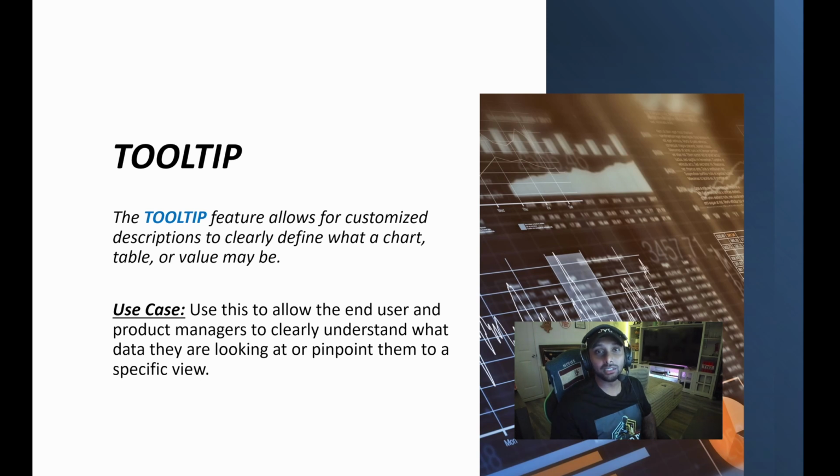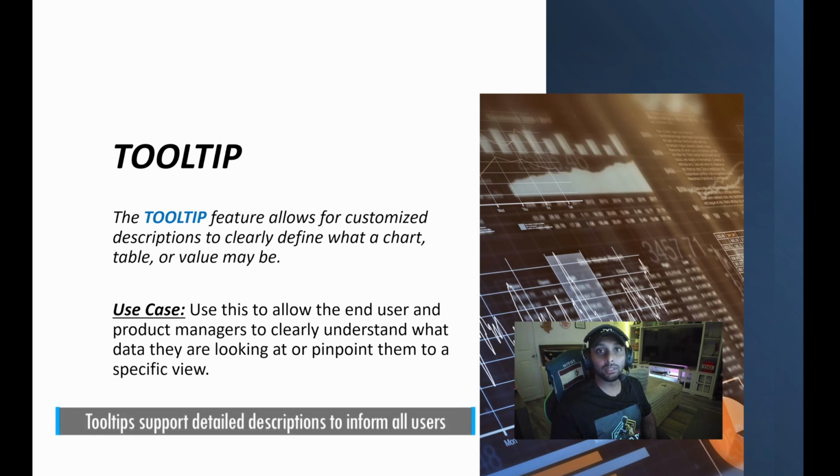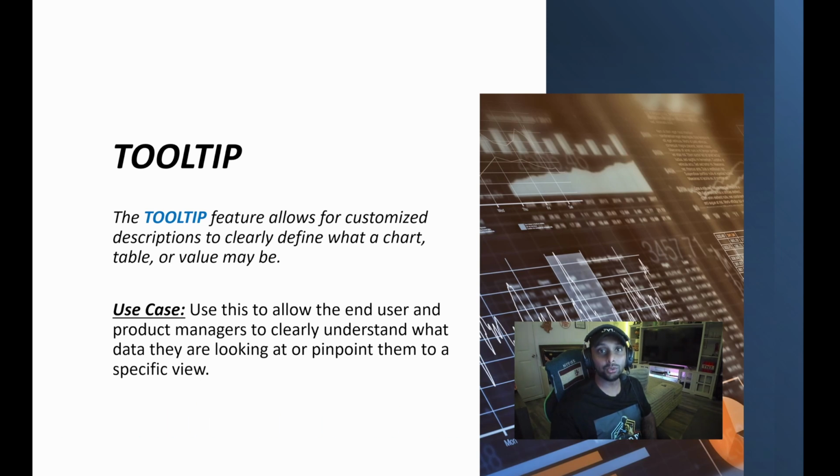Now, I personally think this is probably one of the more underutilized aspects within Power BI, and it can help end users and product managers immensely because it lets you understand the data that you're looking at to a deeper level. With that said, let's dive into Power BI.